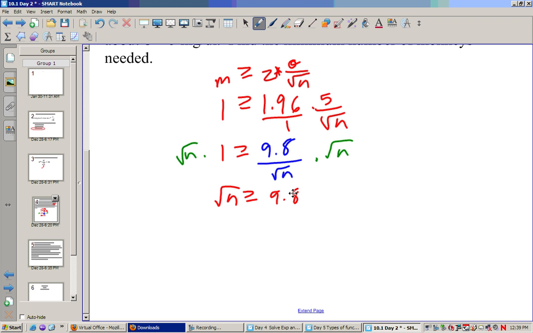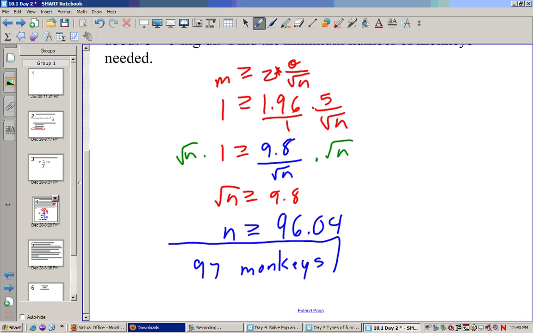Now I have to square both sides to get n is greater than or equal to 96.04. Now you can't get 0.04 of a monkey. So the number of monkeys that are needed is 97. So 97 monkeys will do it.